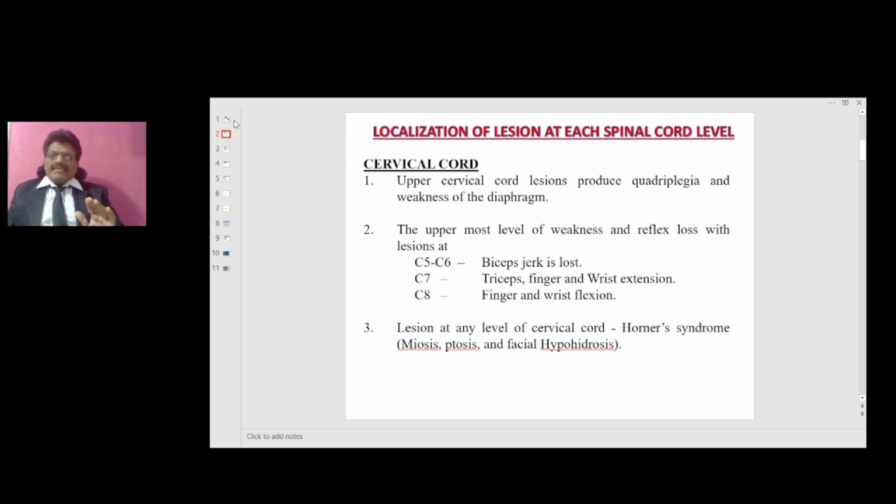C7, triceps, fingers and wrist extension are affected. C8, finger and wrist flexion are affected. But a lesion at any level of the cervical cord can produce Horner's syndrome, that is miosis, ptosis and facial hypohidrosis, because of the involvement of the sympathetic tract.